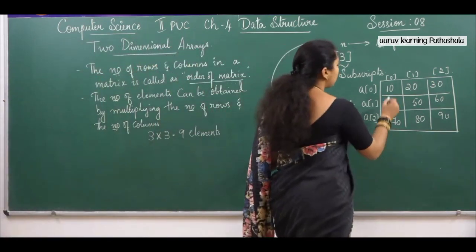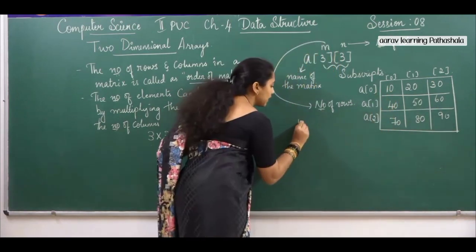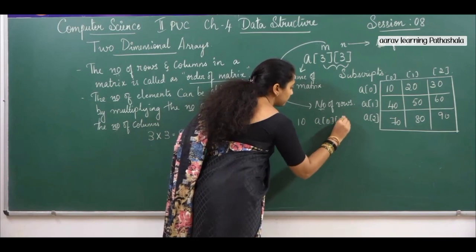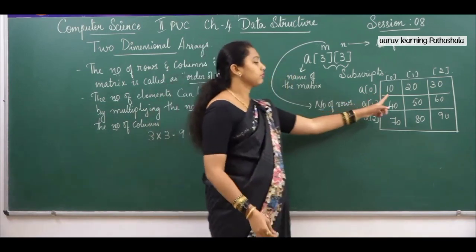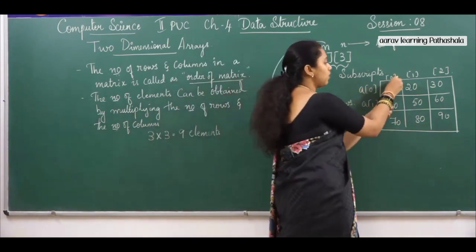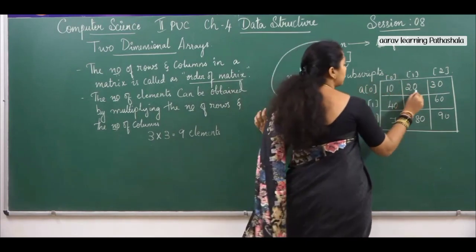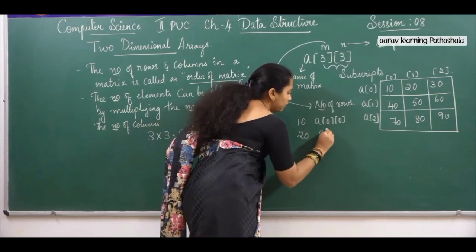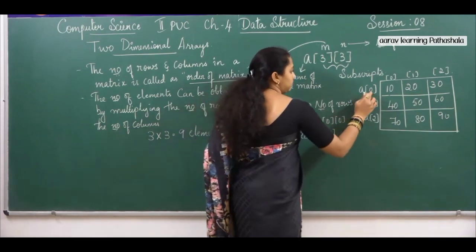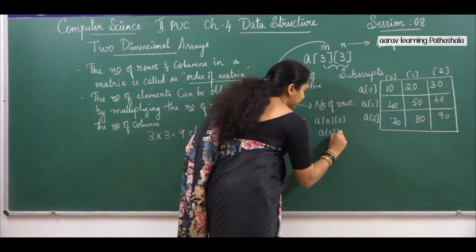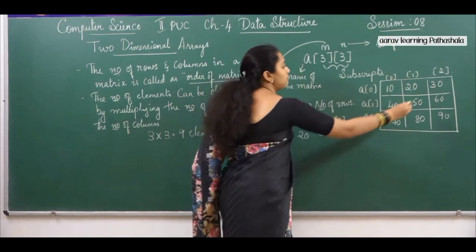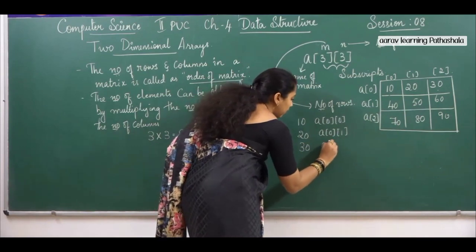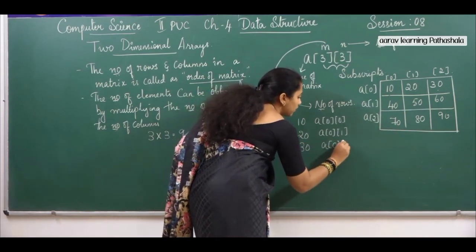What are the positions of the elements? The position of 10 is A of 0, 0. What about 20? A of 0, 1. What about 30? A of 0, 2.